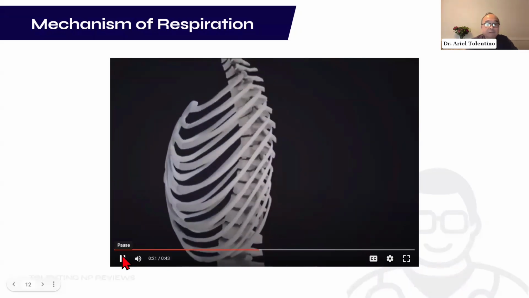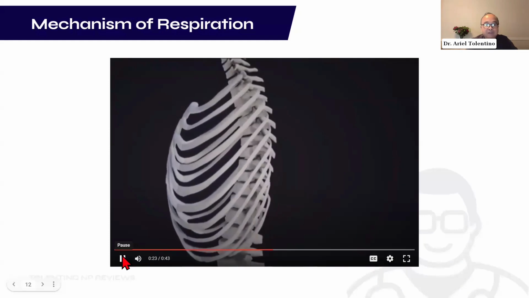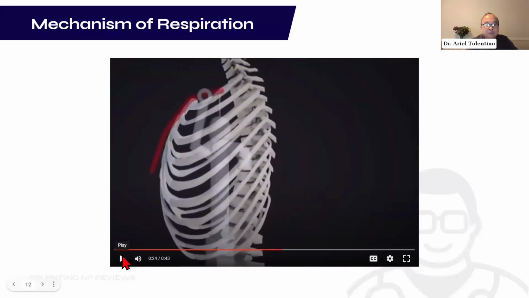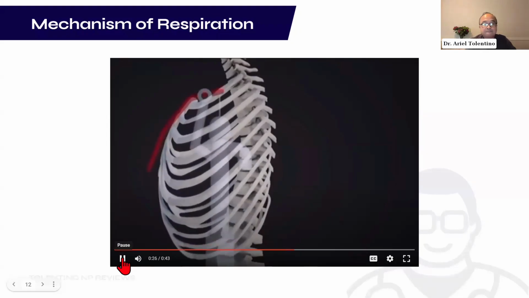Now, when viewing the rib cage on the lateral aspect, you could also see your anterior posterior diameter could be increased due to the sternal area being pushed forward. Okay. Now, this sternal area being pushed forward is due to the pump handle movement. Okay. And this causes your anterior posterior diameter to increase. Okay. So let's continue the clip.